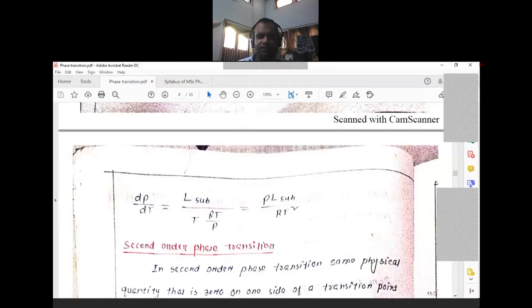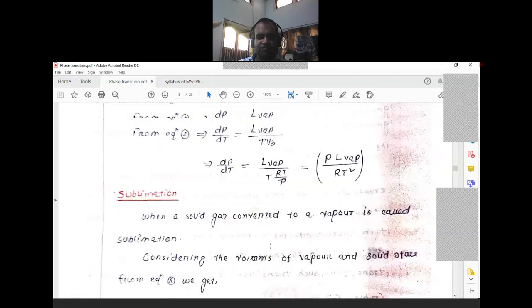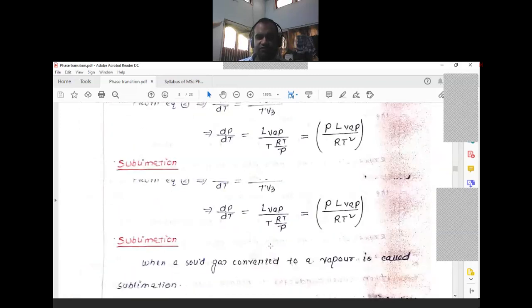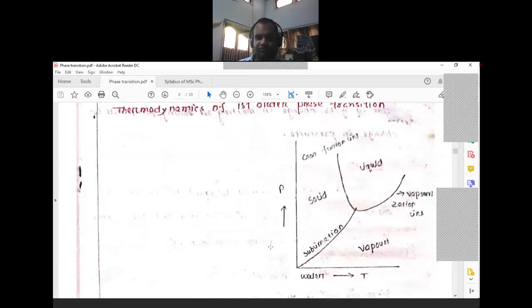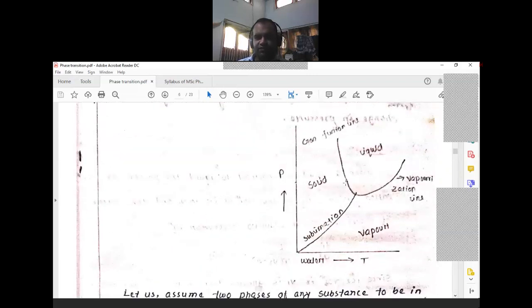So this is a simplified form, or rather a special case, in the process of vaporization. First you find the general form of the Clausius-Clapeyron equation, and from there you consider the vapor to be an ideal gas and also consider that the vapor has a volume much larger than the volume of water.